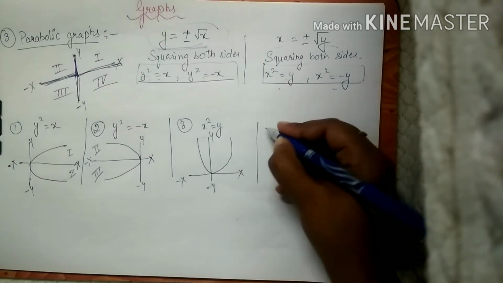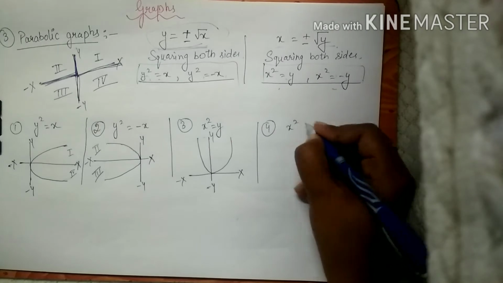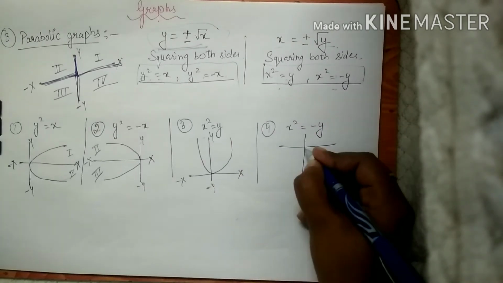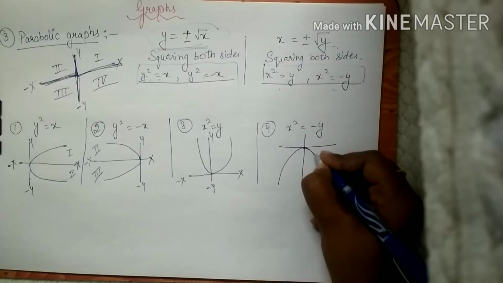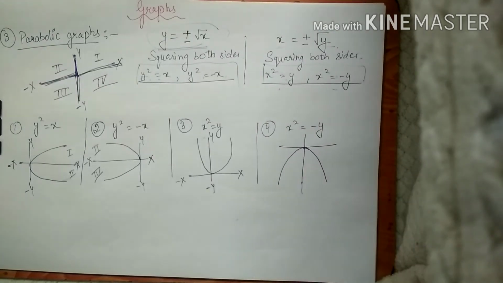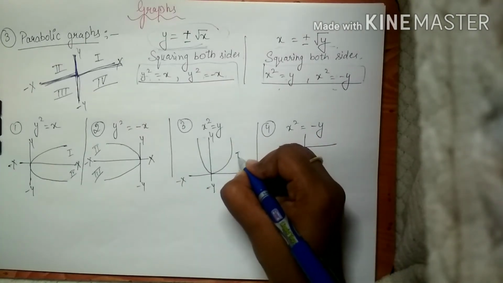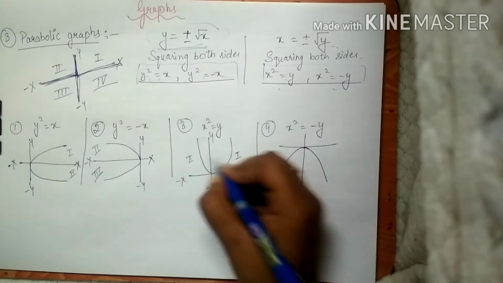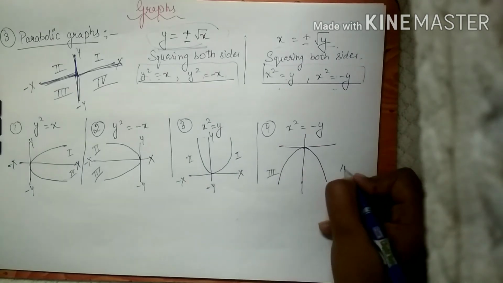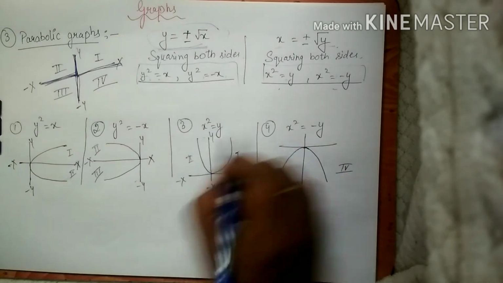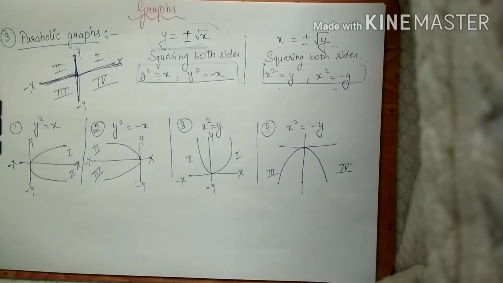Okay, and the fourth type of graph is x square is equals to minus y, which is like this. Here the quadrants are first and second. Here the quadrants are third and fourth. Okay, so these are the four types of parabolic graphs. So depending upon the equation you will get the graph.